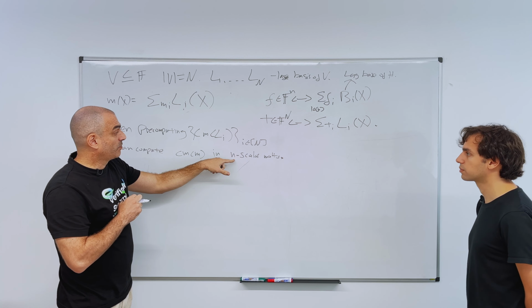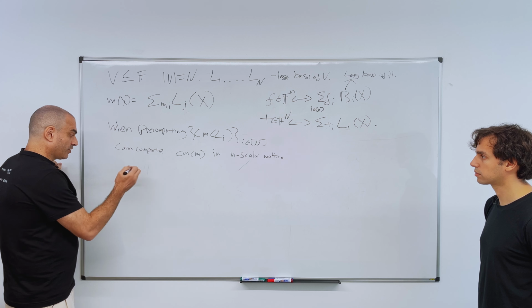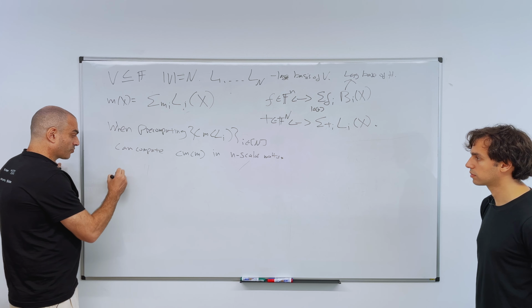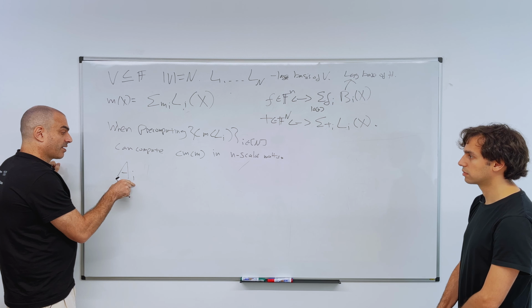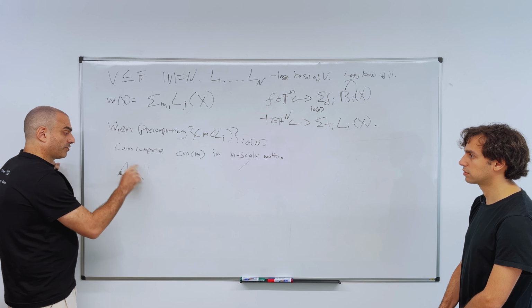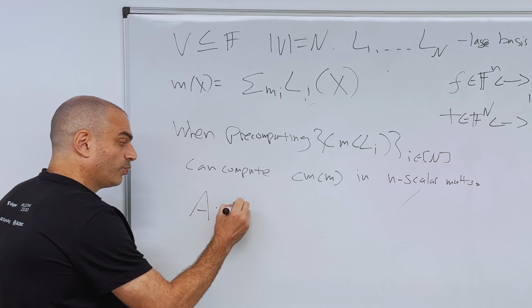Cool. And now the second main polynomial that comes up in Logup is, let's recall, when we described the Logup protocol, we said let's define this polynomial A, whose values were something like this.